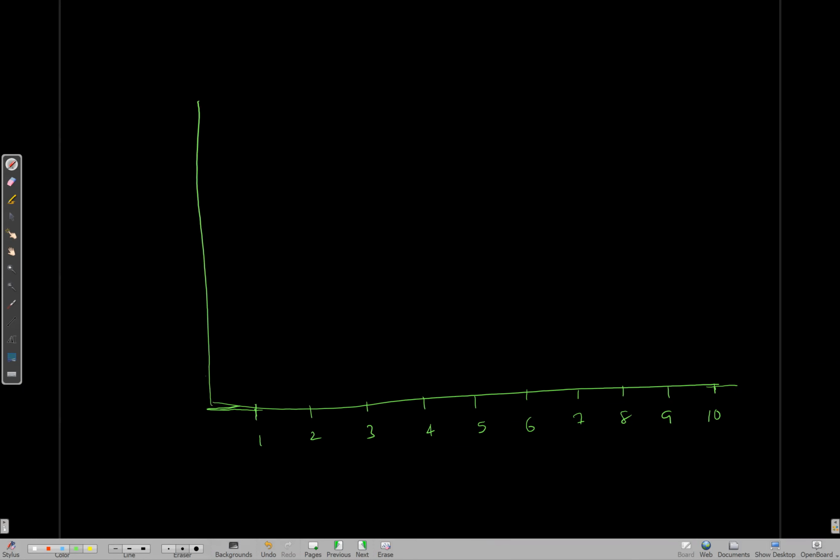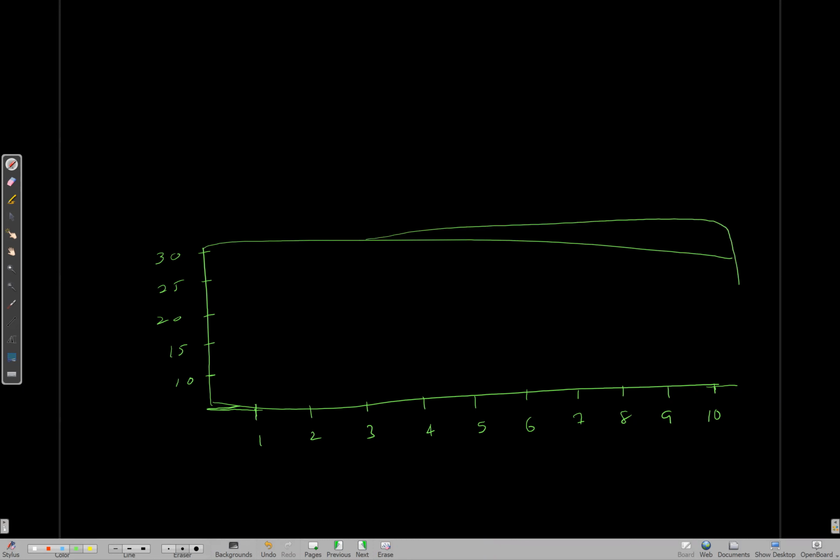So let's go with, just to be 10, 15. Go a little less so it is clear. 25, 30. And I don't need that much. And then what you need to do, you can complete this whole thing. So this is the chart actually.